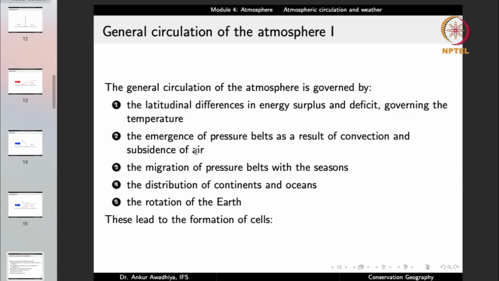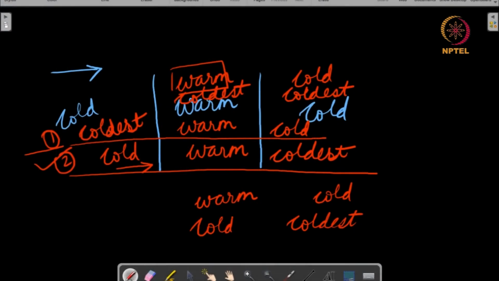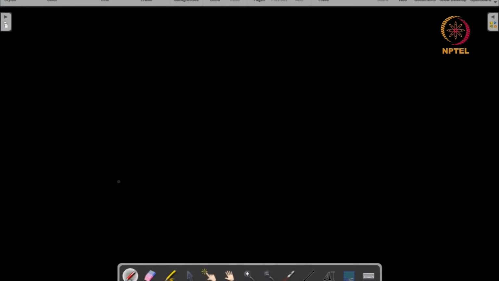Now, we have the emergence of pressure belts as a result of convection and subsidence of air. If you have an area that is getting hotter, the air here will get warmer and it will rise, because the warm air is less dense. As it rises, it will lose its heat, because in the upper layers it is colder.